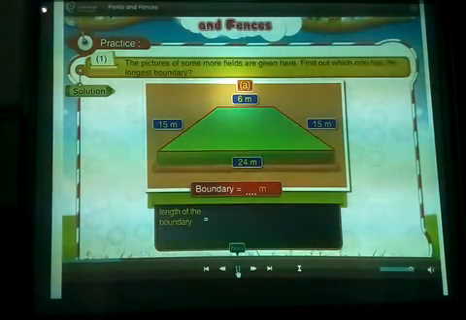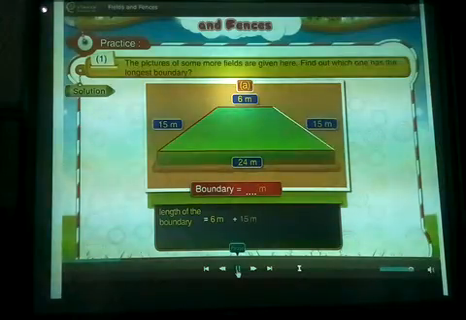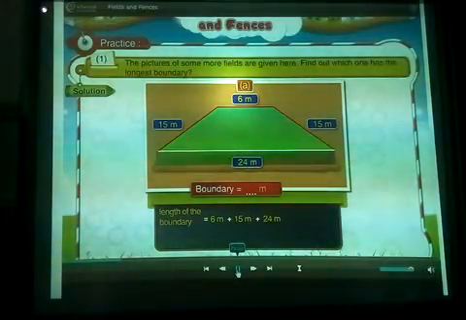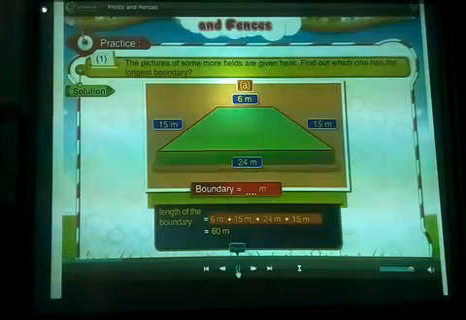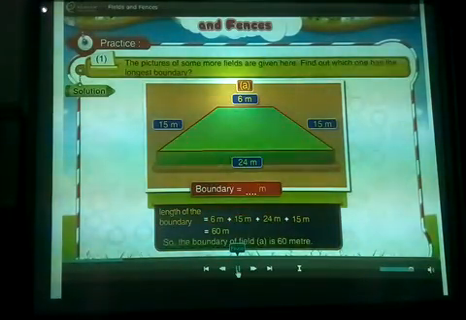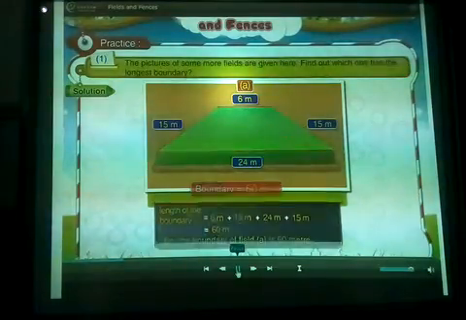That is 6 meter plus 15 meter plus 24 meter plus 15 meter. That is equal to 60 meter. So, the boundary of field A is 60 meter.